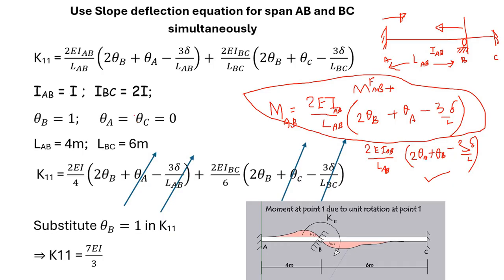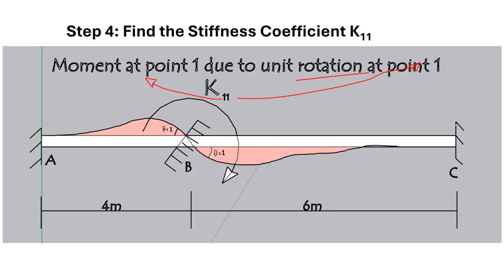Now here you can see that we have 2 spans, and basically it is applied from the point B. So here you will calculate M_BA using the slope deflection equation, and here you will calculate M_BC.